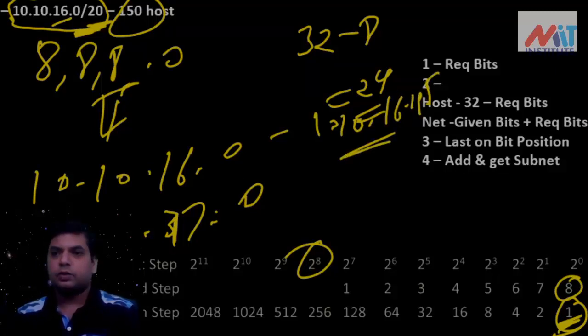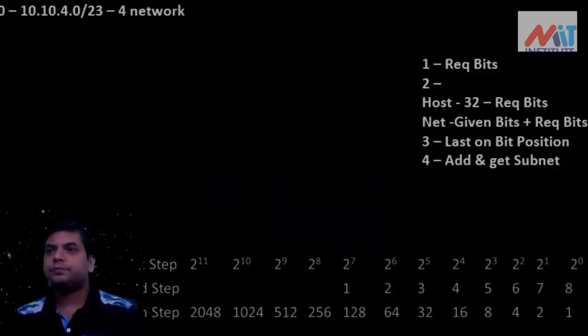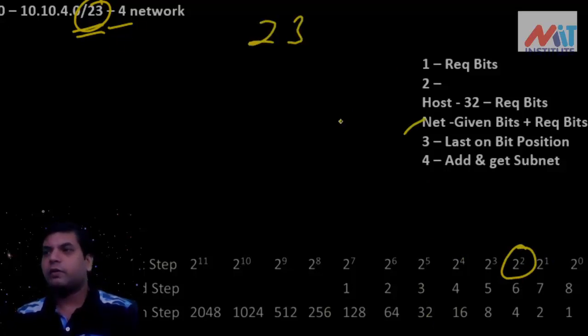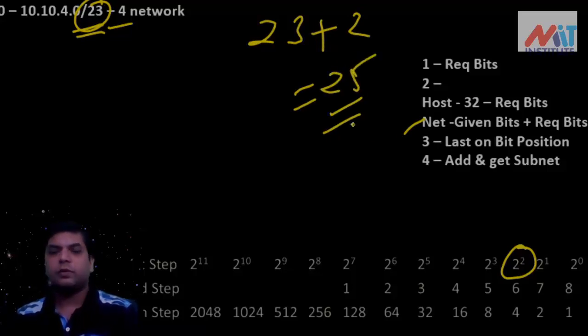Okay, so next, now the subnet mask is /23, and we need to create 4 subnets from this network. So for 4 subnets we need 2 bits. So given is /23. Now for the network we need to add 2, this will be /25.